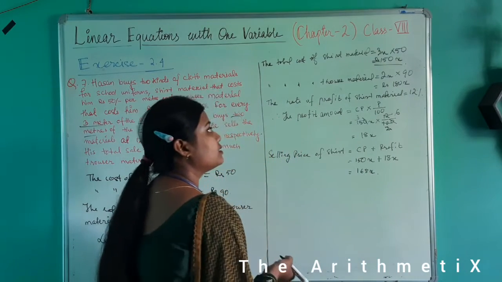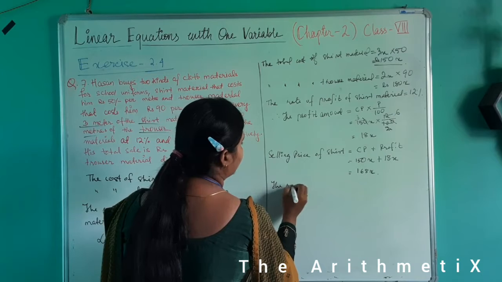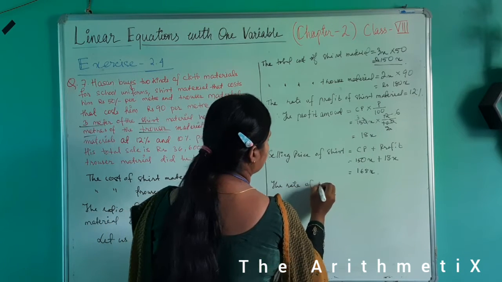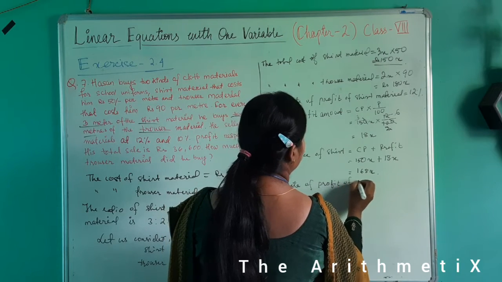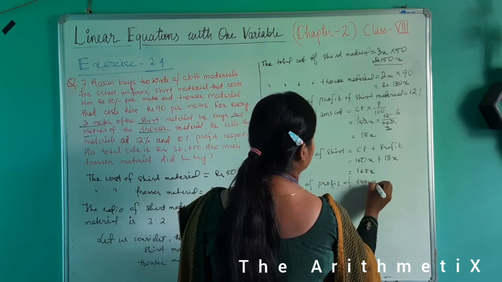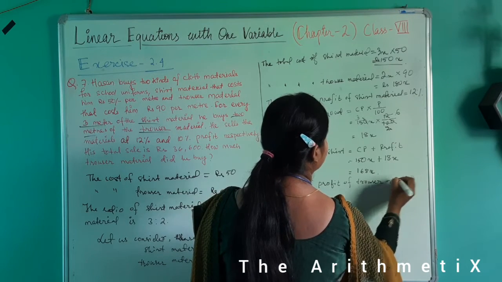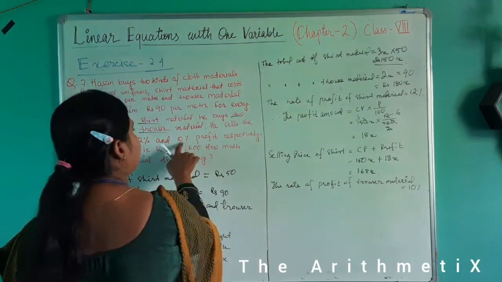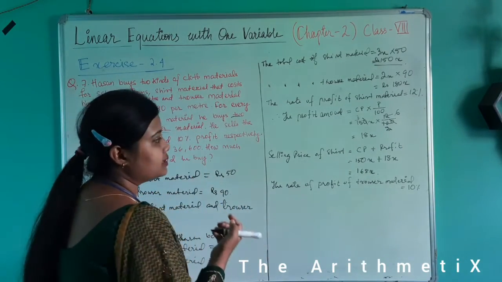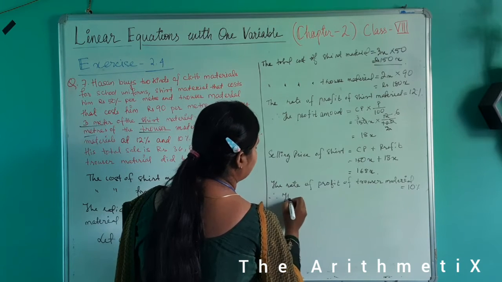Similarly, we will find the selling price of trouser. The rate of profit of trouser material equals 10%. So we need to find the profit amount.